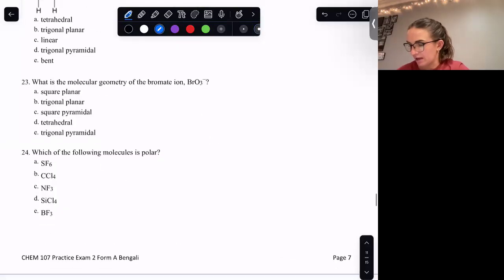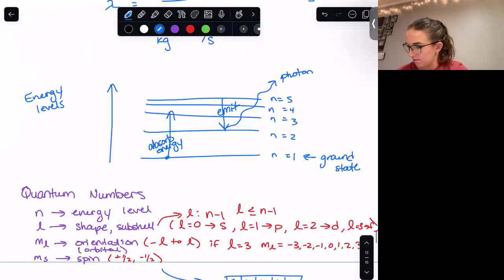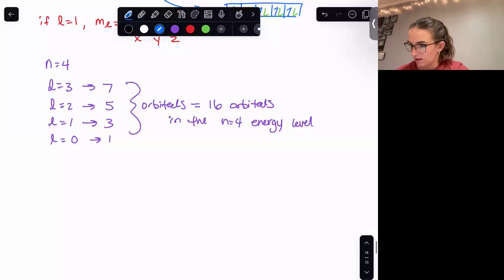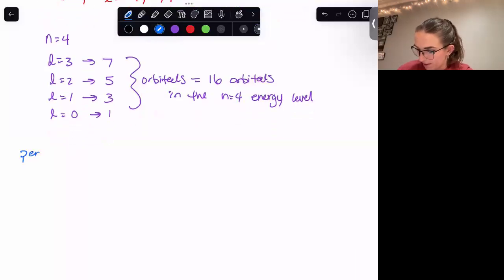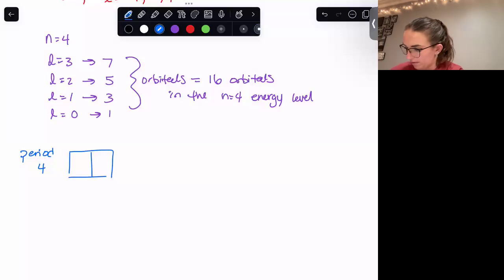Okay. So then back on the d orbital. So in period 4, we have our first 2 elements, and then we have the transition elements.